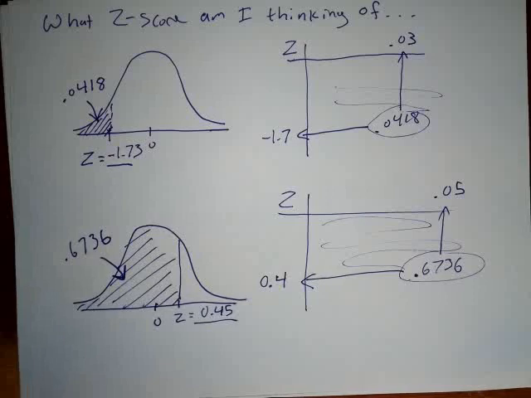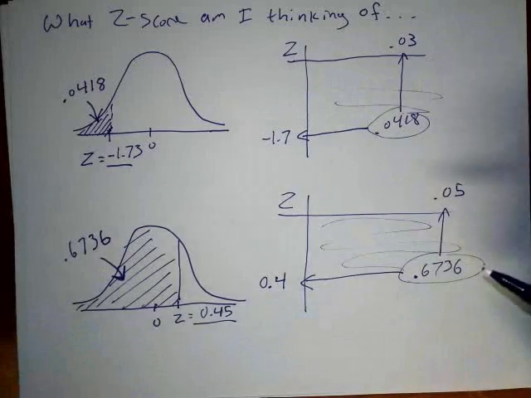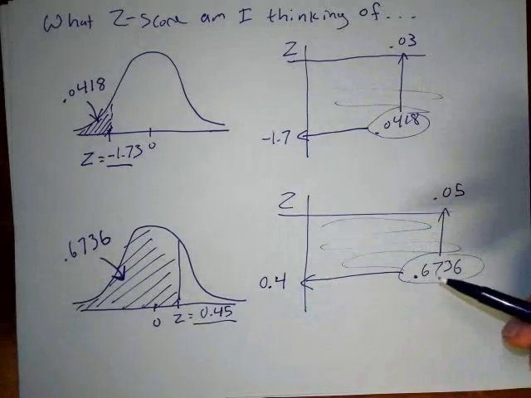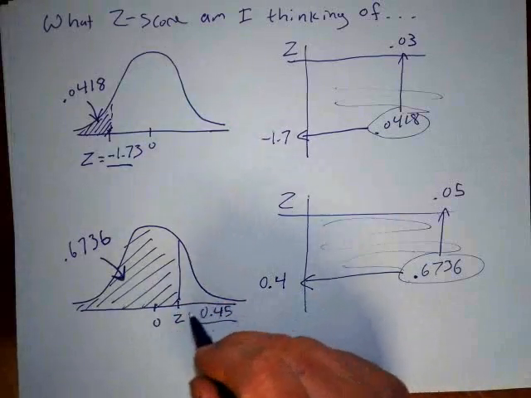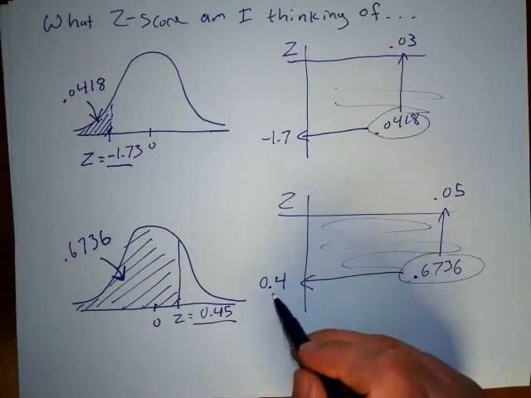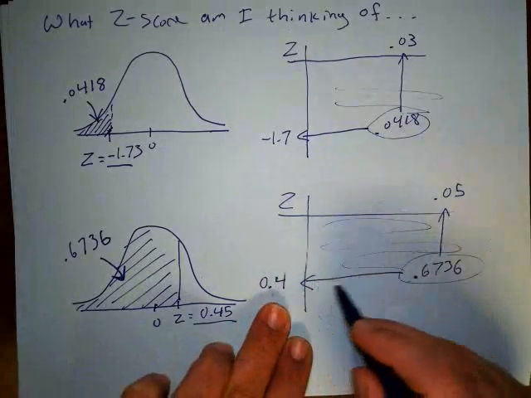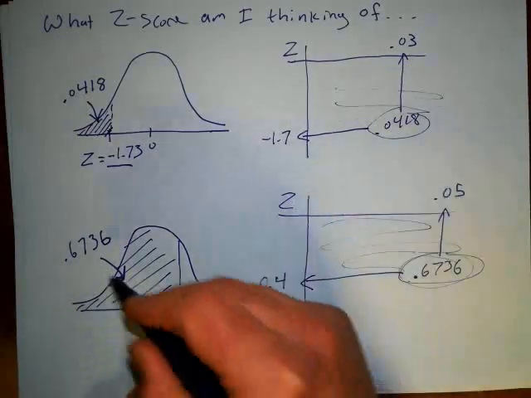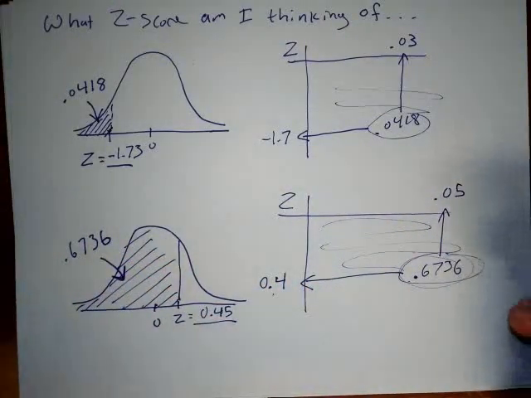And that would be the Z-score I'm thinking of. So this is the basic idea, and you can see now why I call this using the table backwards. Normally you're given the Z-score, and you look up the 0.4, the 0.05, where these two cross, you get this area. So you're just doing the whole procedure backwards.